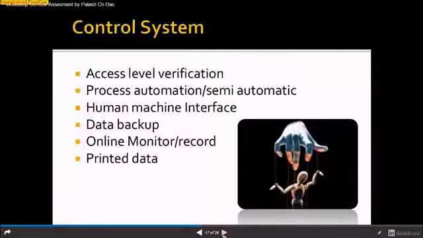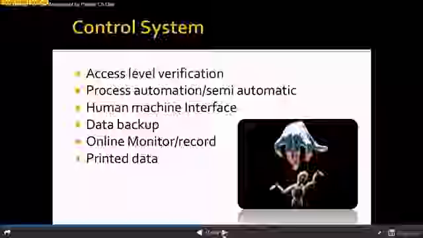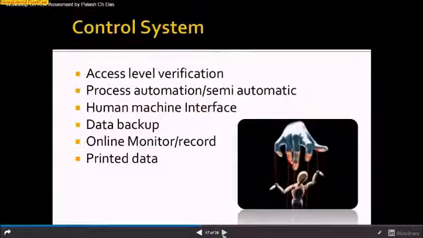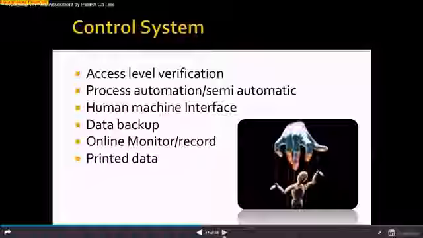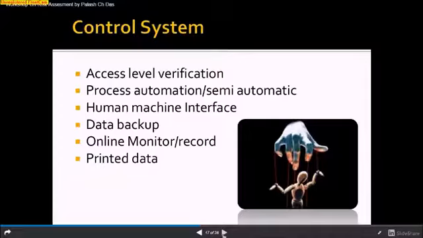Human machine interface, this is HMI. You need to check how the HMI is working, whether the screens are okay or not, whether the language is English or your regional language. Data backup: we should check what the conditions of data backup are, whether it is electronic data backup or hard copy data backup. There is a possibility of LAN, so we can pull the data from another system to your main server.